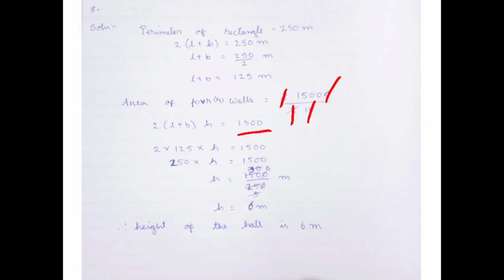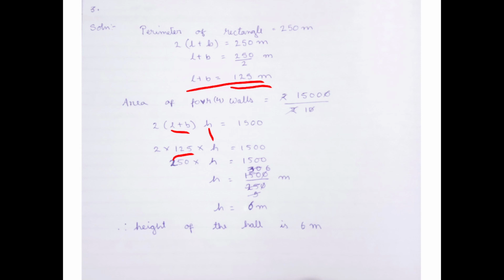Now area of 4 walls, the formula for area of 4 walls is 2 into length plus breadth into height. So just write 2 here. Length plus breadth is given, we found length plus breadth, right? Length plus breadth was 125 meter. So in place of length plus breadth, we write 125, and we need to find the height, so h as it is.